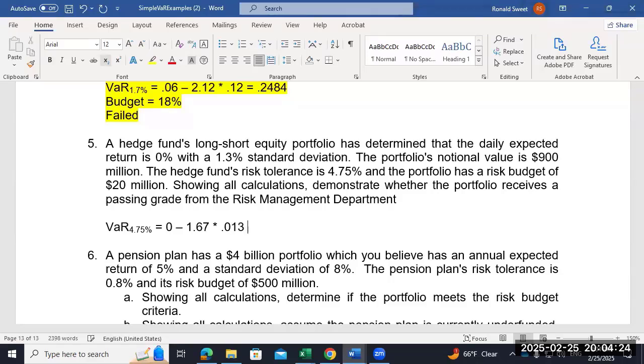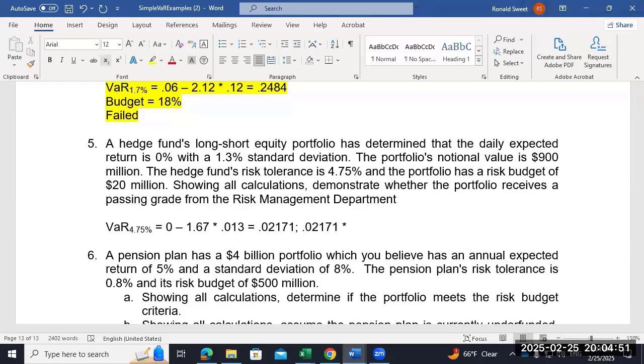0.113. Okay. And then once you put those against each other, you get your percentage form, which is 0.02171. Everybody agree with that? So 2.17%. And then you just multiply that by your risk budget.